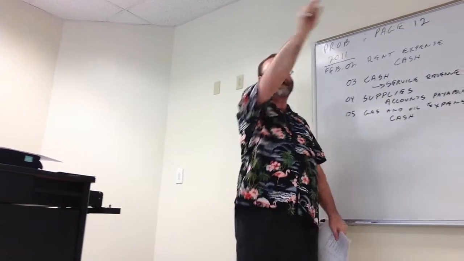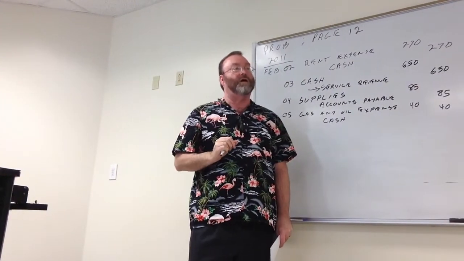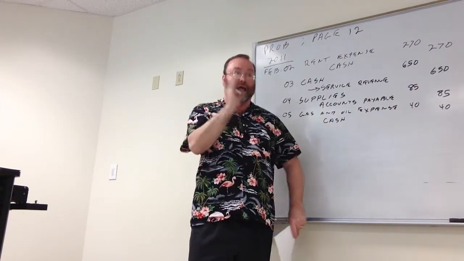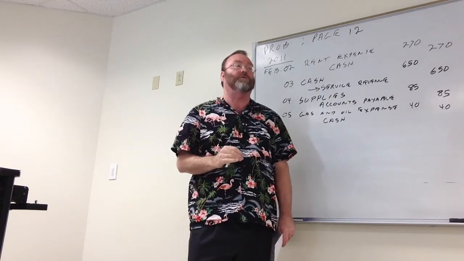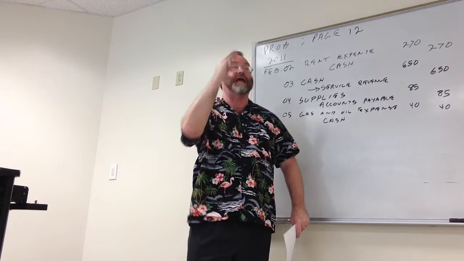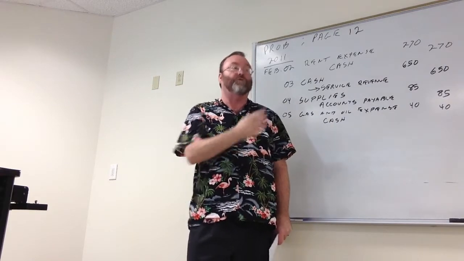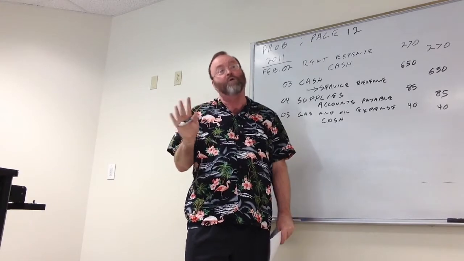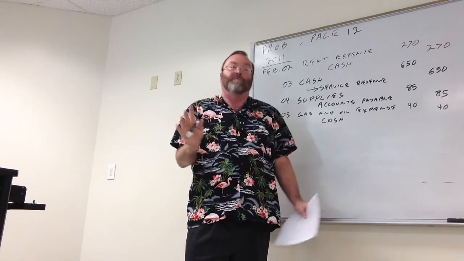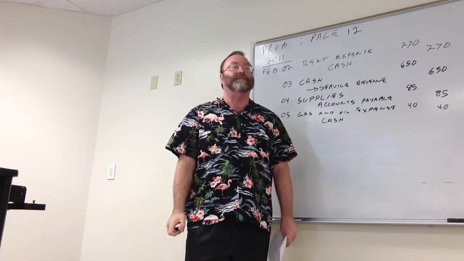If we had ordered it and sent them a payment via credit card or cash or wire or something like that, that would have been different, because at that point we have a recordable transaction. We have sent cash. So you own it because you've paid for it, but you haven't physically taken possession of it yet.